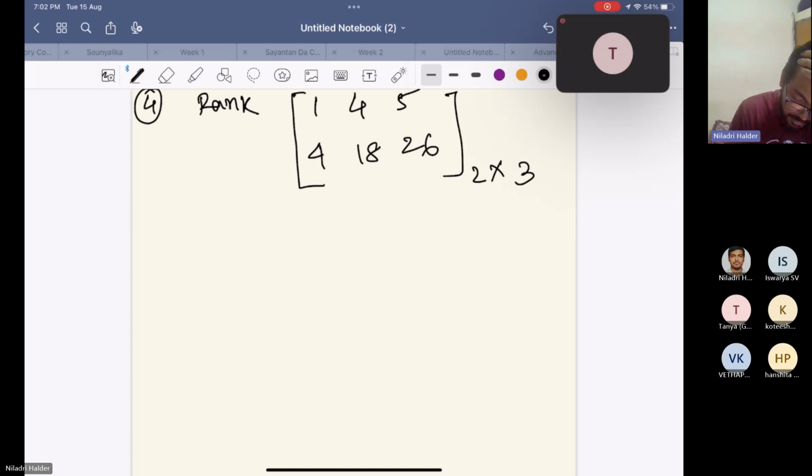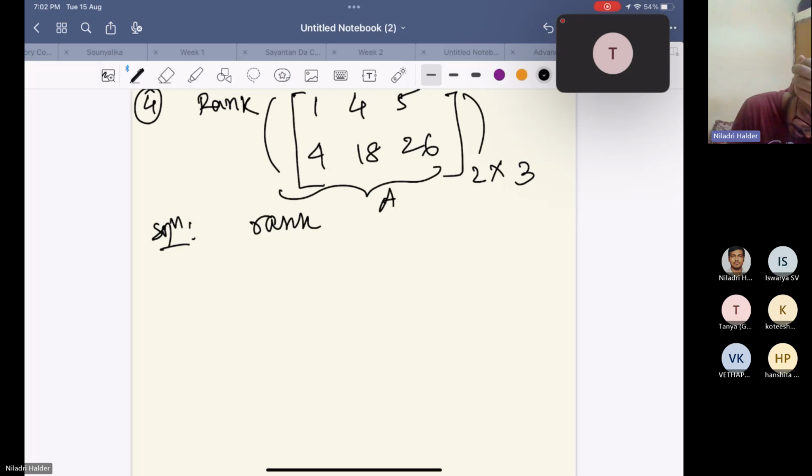What should be the rank of this matrix? It's clear that the rank of A should be less than or equal to the minimum of 2 and 3, so it's 2. So the rank of A is less than or equal to 2.